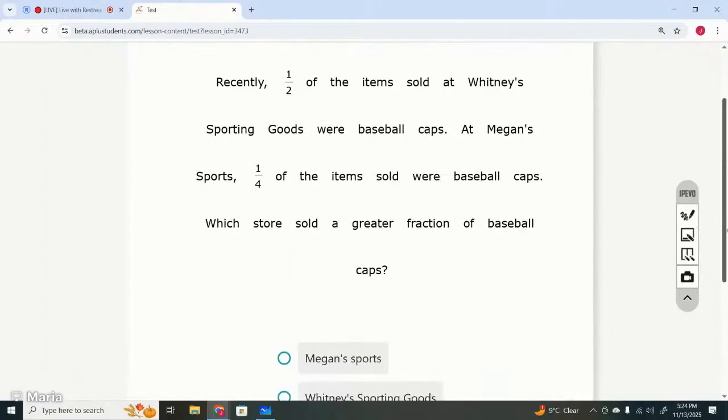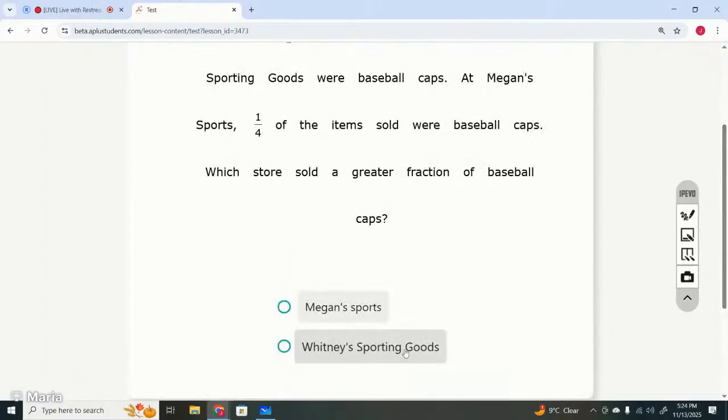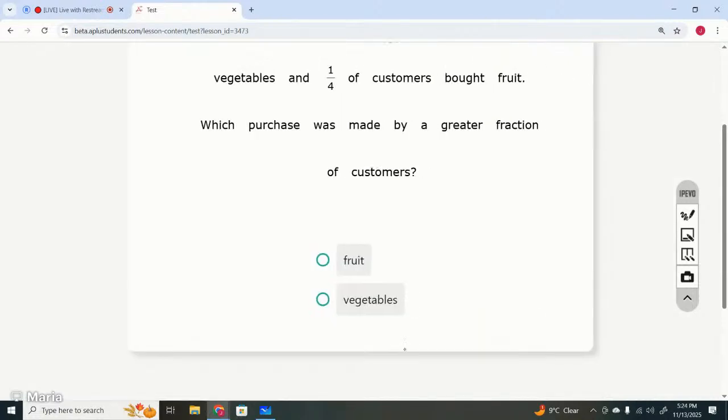The correct option is Whitney's Sporting Goods. Option number two is the correct option.